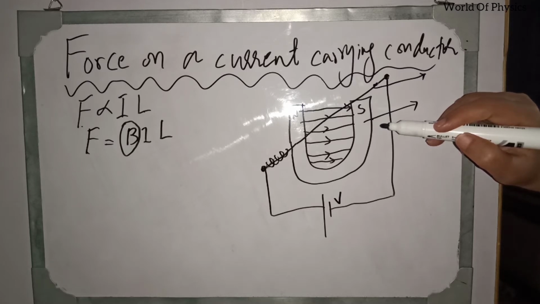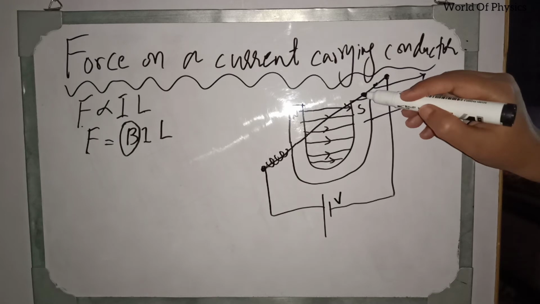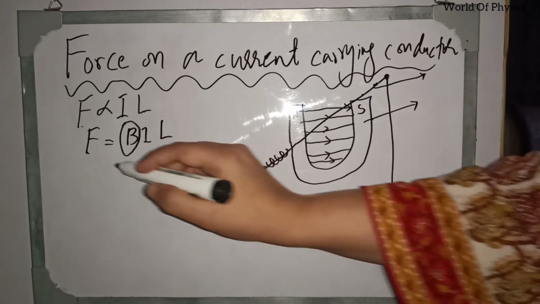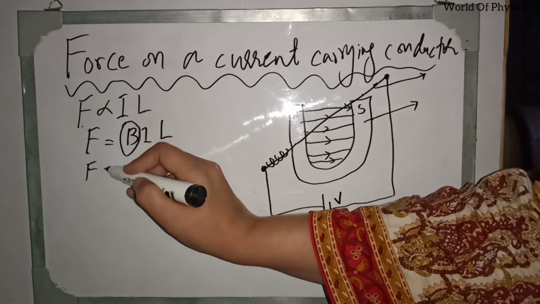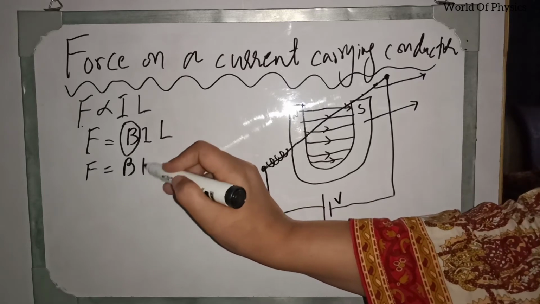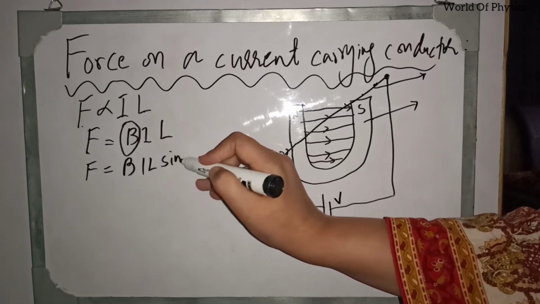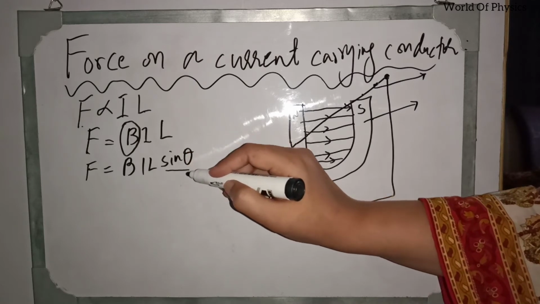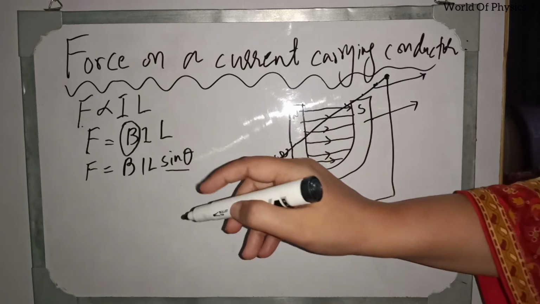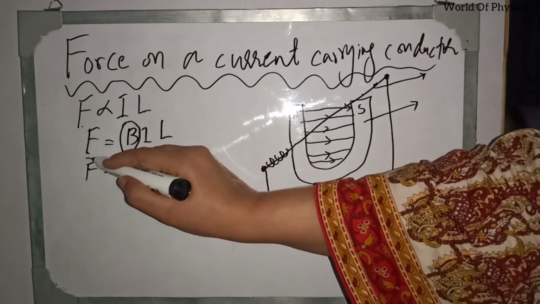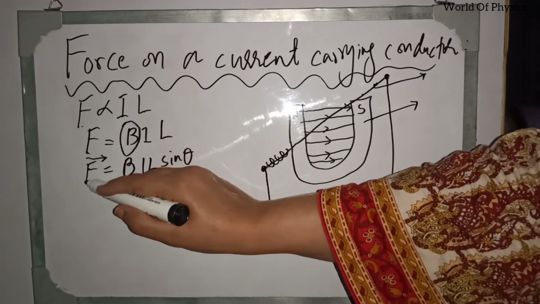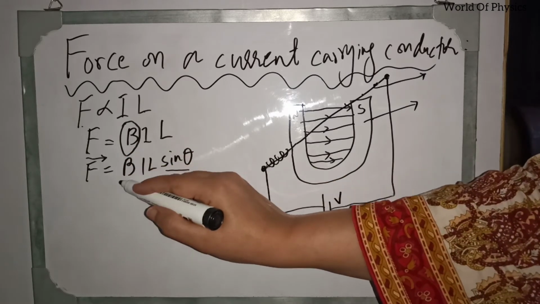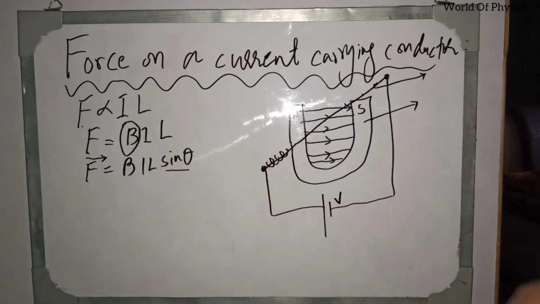If the wire is placed in the field at some angle theta, then F is equal to B I L sine theta. Sine theta is always used for a vector product, so this force is also a vector quantity equal to B I L sine theta.